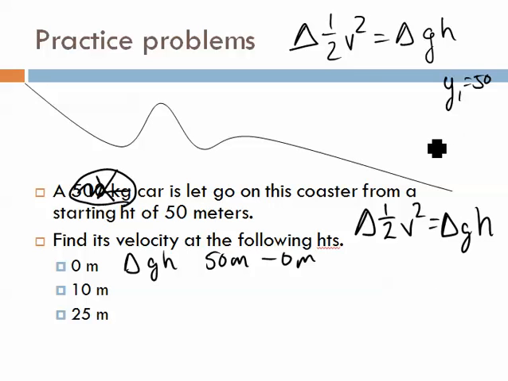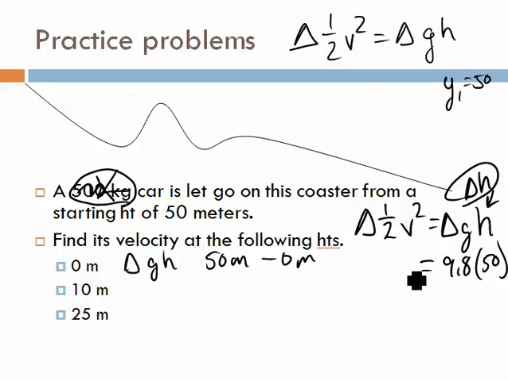What this really comes down to then is, sorry, I had to think there for a second, how much does the height change? And that's what we're going to put in here. Well, it goes from 50 meters to 0. So this is going to be 9.8 times 50.